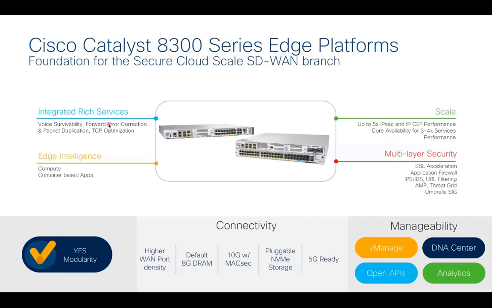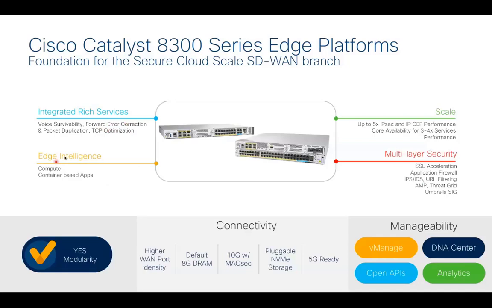When it comes to services richness, besides the full stack security offerings, these platforms are capable of providing AppQoE features like TCP optimization, forward error correction, packet duplication to optimize your WAN traffic.